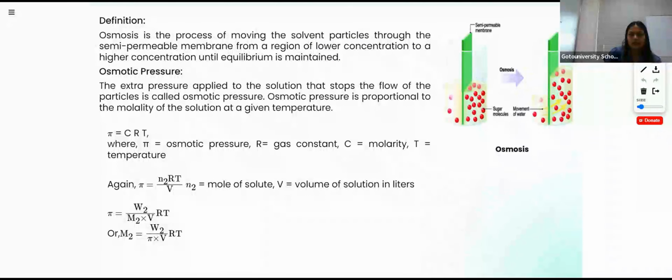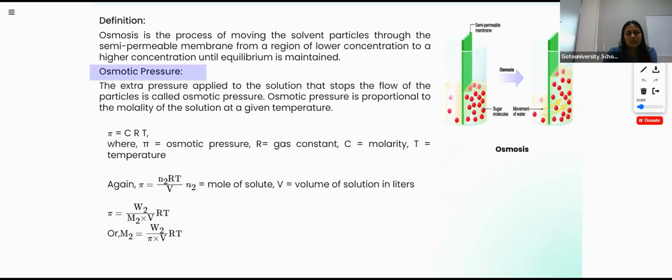Like if we take a salt solution, it will have a higher solute concentration, and on the other side we take water, so the solvent particles will move from the lower concentration to the higher concentration until an equilibrium is achieved.